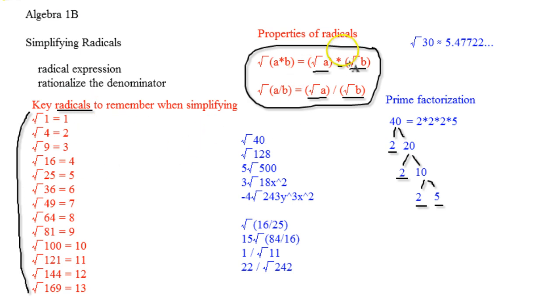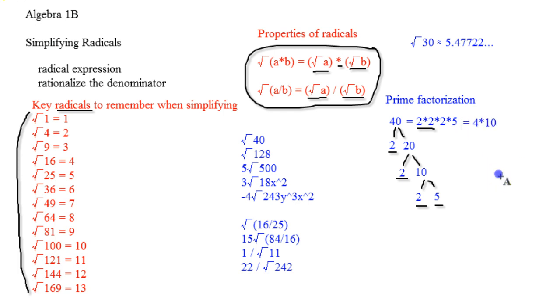Now, if I look over here at this rule up here, I don't know the square root of 2 or the square root of 5. But if I put these two 2's together, that's actually the square root of 4. So what I'm going to do is rewrite this as 4 times 10.